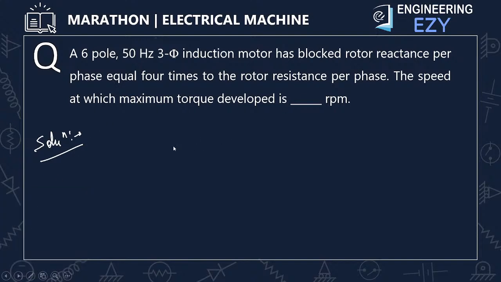It is given as SMT, because everyone knows speed at maximum torque. It is asking RPM, so NMT is equal to (1 minus SMT) multiplied by NS. And what is the SMT?